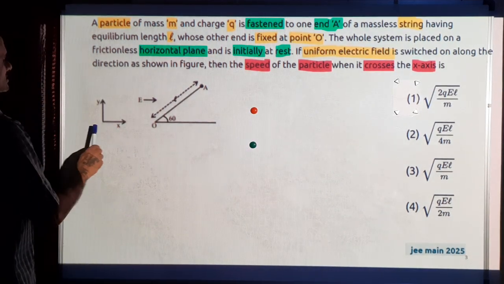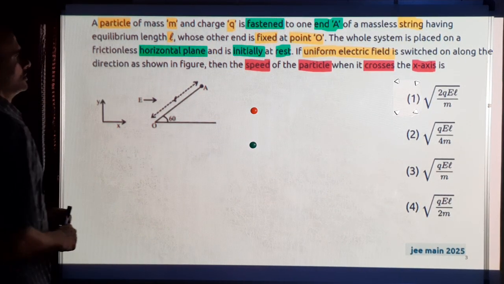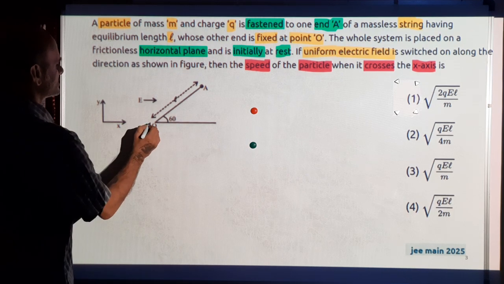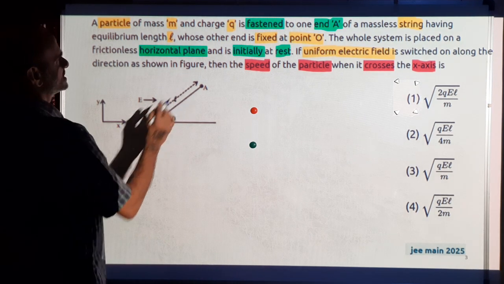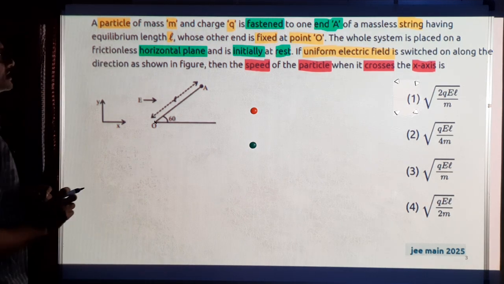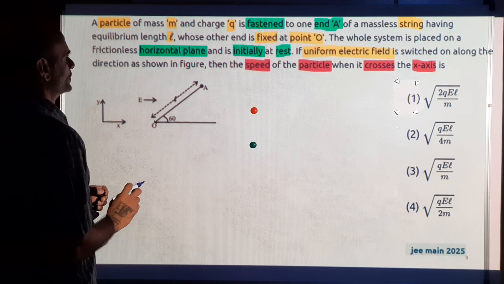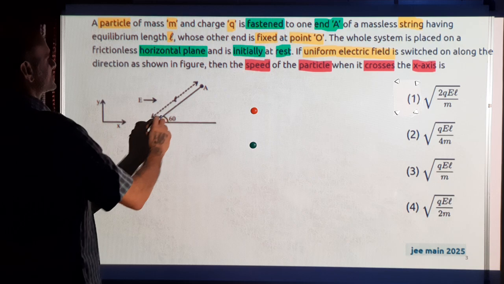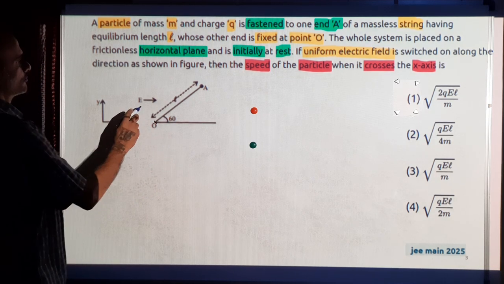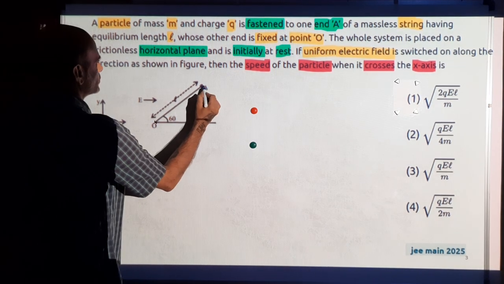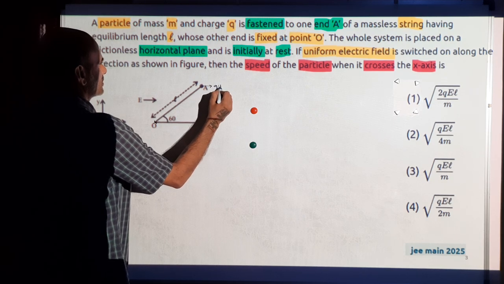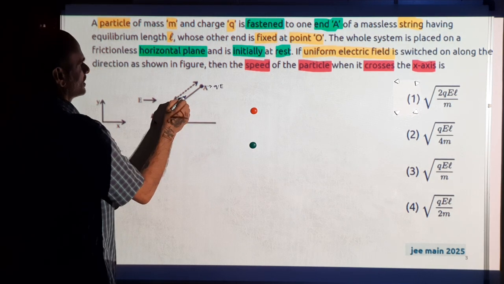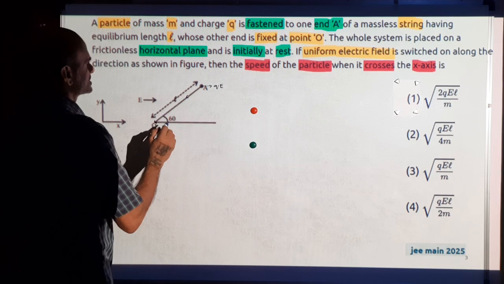So this is the x-axis, this is the y-axis. This end of the string is fixed, and at the other end there is a charge of mass m and charge value q, connected by a string of length L. This electric field will exert a force on this charge of value qE, and there is a tension in the string.